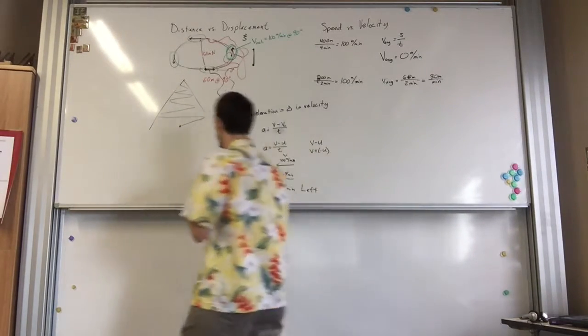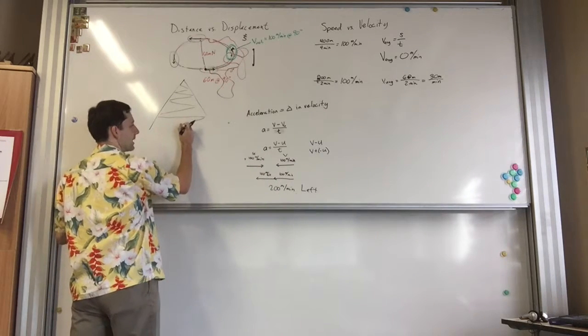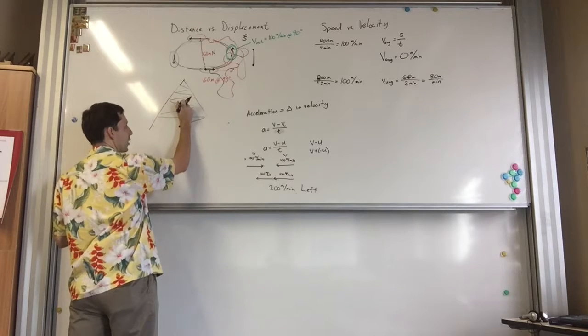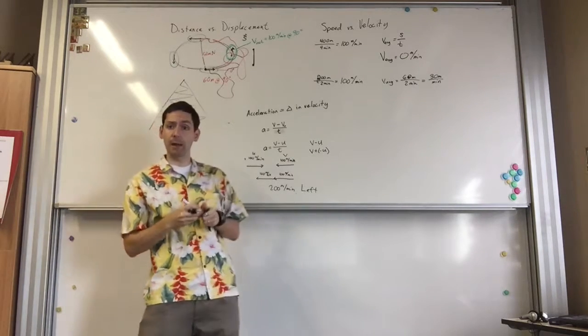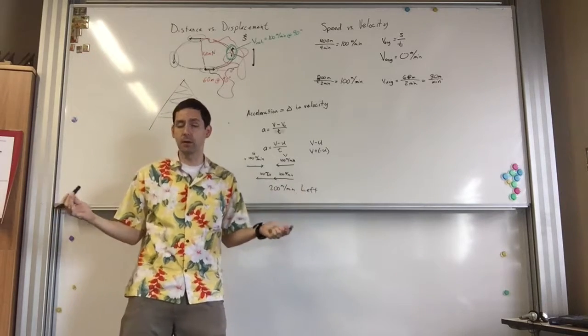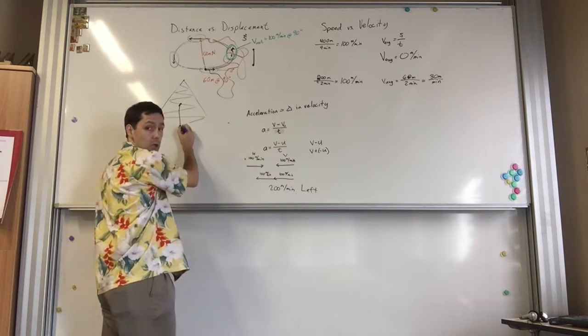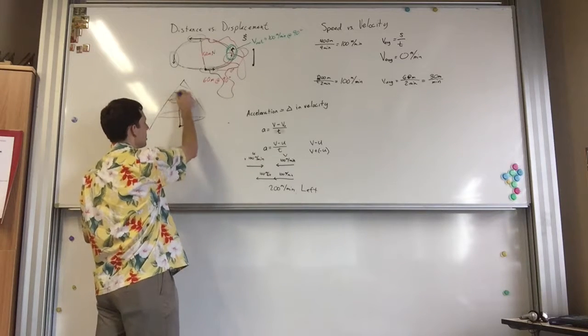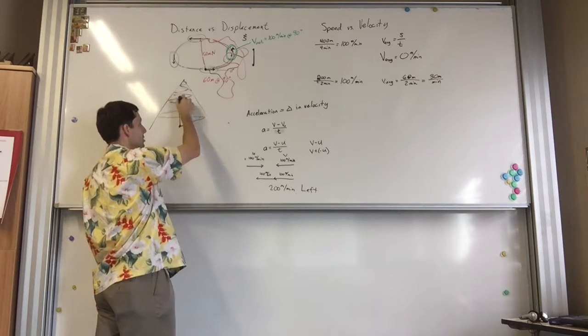A lot of people would say, well, if my displacement is positive, so I start here, I'm going up my mountain, and I'm right there, my displacement is positive, so obviously I'm going up, right? Not necessarily, because think about this. You start here, you hike up the mountain, you get all the way to the top, and then you start coming down, and you stop right there.